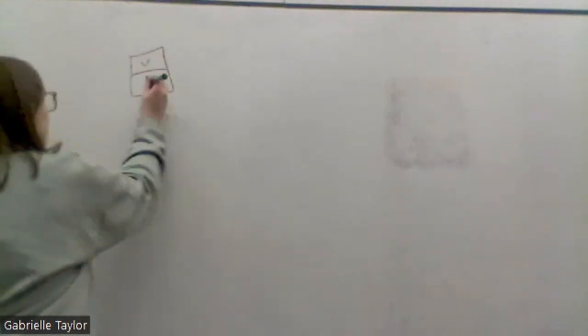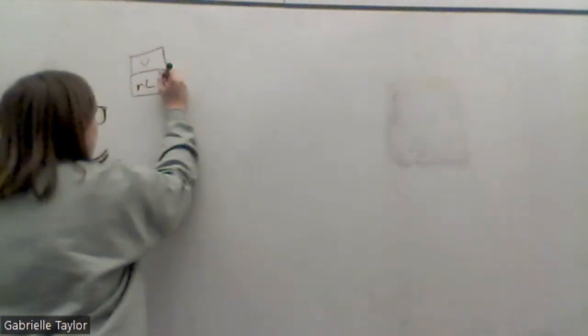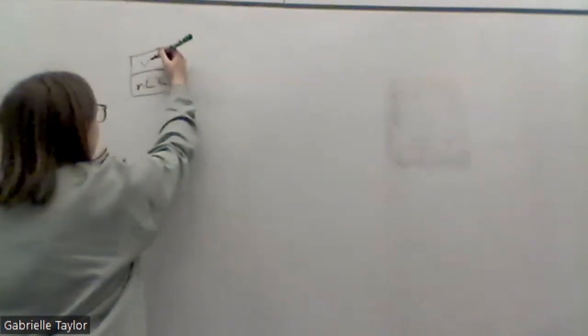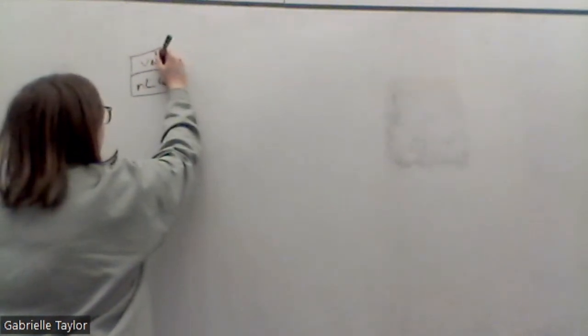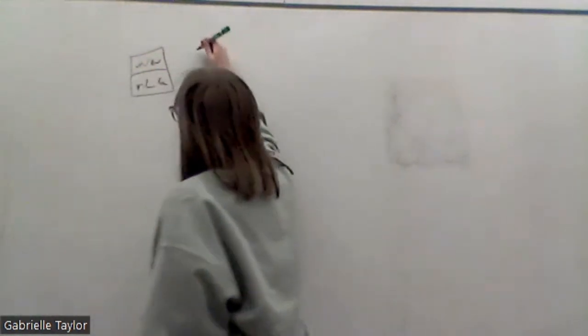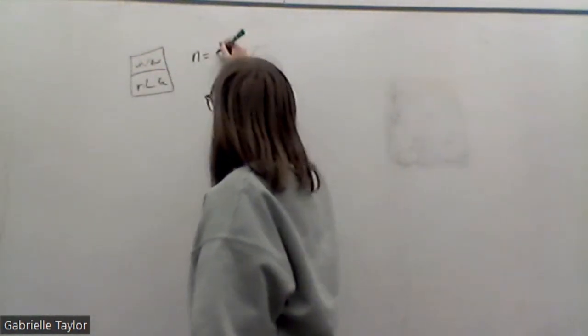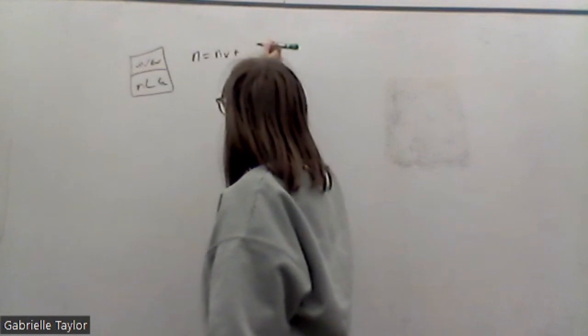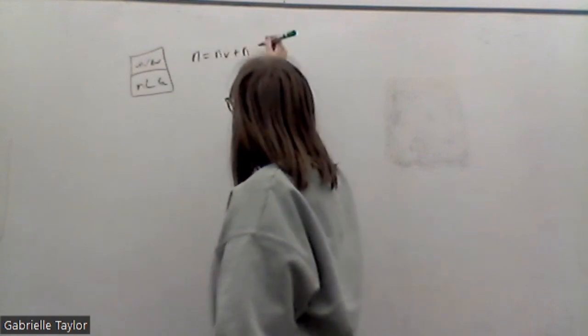So we know that there's moles of liquid, and there's Gibbs free energy of liquid, and then Gibbs free energy of vapor. And then there's moles of both. So we know that the moles equals the moles of the liquid and of the vapor.